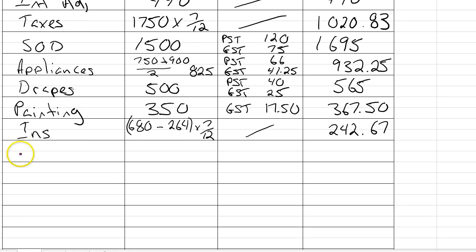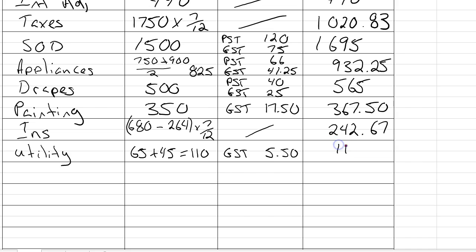And our last one was the utilities. I'm going to combine them into one. It's the 65 and the 45, which is 110. We do have GST of 5.50. Total for the Baileys of 115.50.